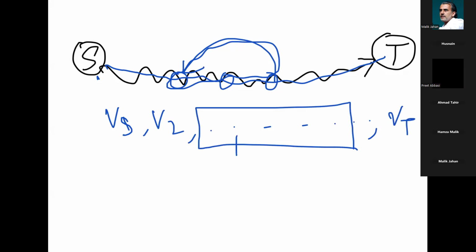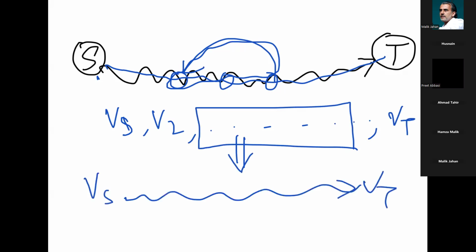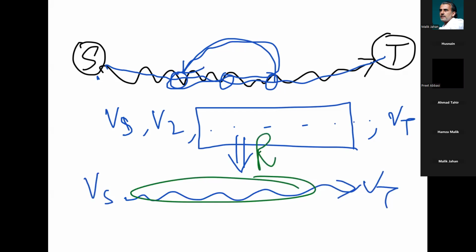So if we keep on doing that exercise again and again, and we remove all repetitions, that means that when we write a sequence from Vs to Vt, all items in between are going to be unique because we have killed all repetitions, right? As we keep on removing the repetitions in this entire process, we'll keep on reducing the length of that sequence.